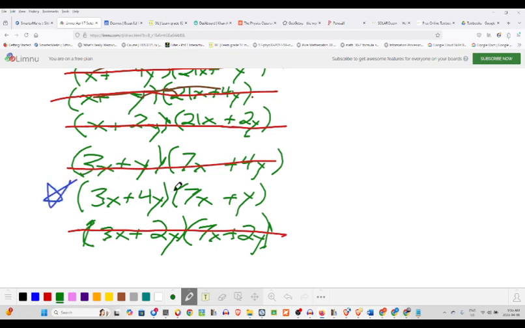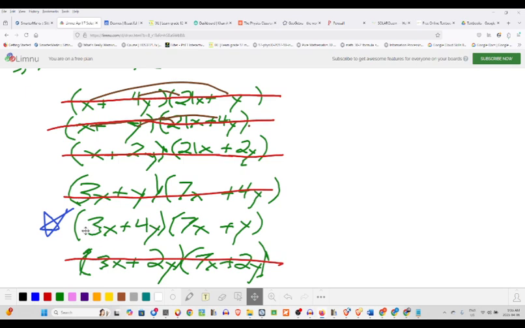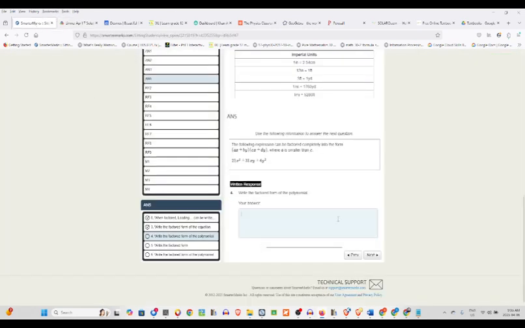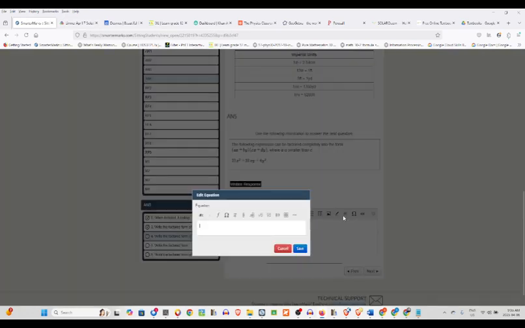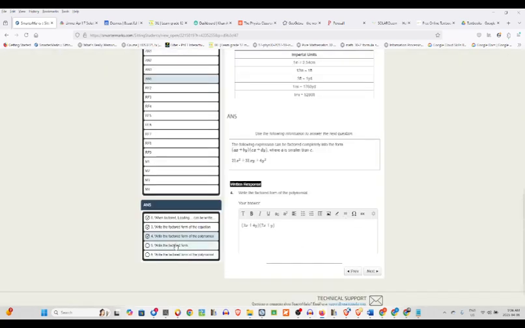Not all of these work. We do have to verify. 28 plus 3, that is our 31. So that's it: 3x plus 4y and 7x plus y is the version that works.